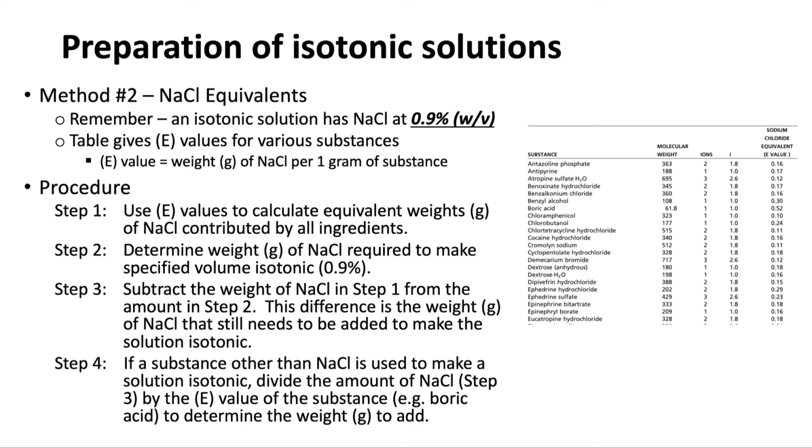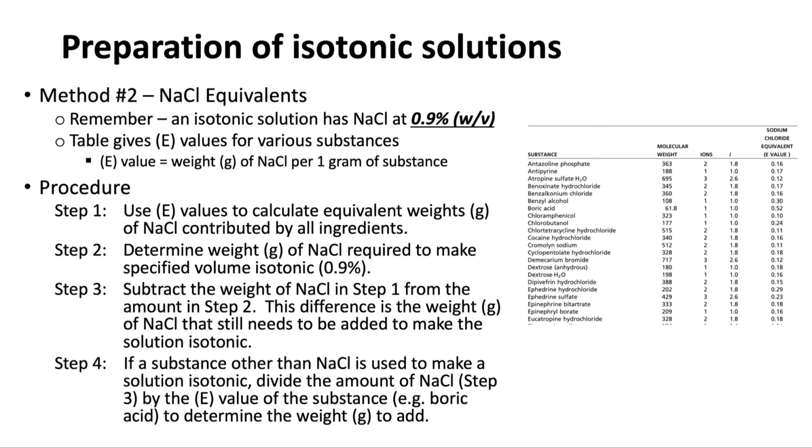added to the solution. What's interesting in this method, like I talked about in step 4, we could always just use sodium chloride to make up the difference. So in there, you don't have to use E values, you just use the concentration of whatever sodium chloride additive you're using and determine the amount to add. Or you can use something other than sodium chloride to make up the difference in sodium chloride by using an E value for whatever you're using, boric acid or whatever other inert ingredients you want to use.